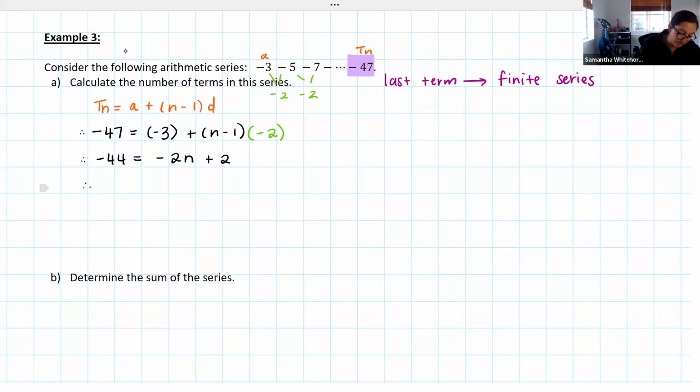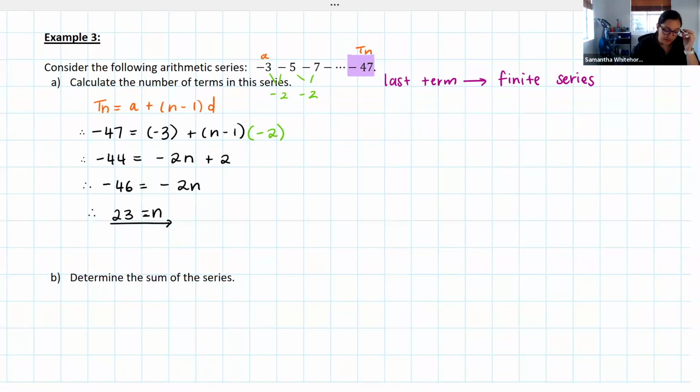Again, I'm going to bring that constant term over, so it becomes -2, giving me -46 on the left, is equal to -2n. And obviously I'm solving for n, so I'll divide both sides by -2, which gives me 23 is equal to n. And so what I now know is that in the series that I'm working with, I have got 23 terms. Okay, that 23rd and final term is the value -47, and I now know which position it sits in.